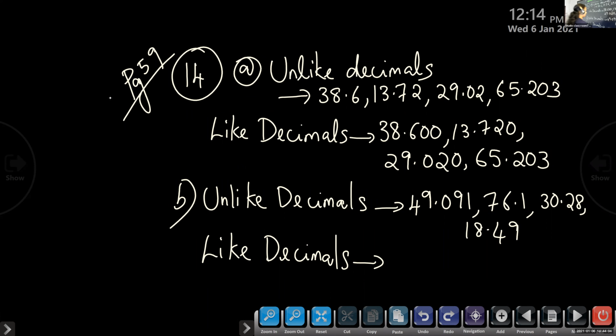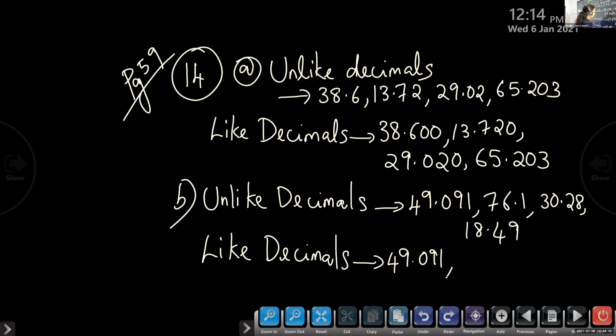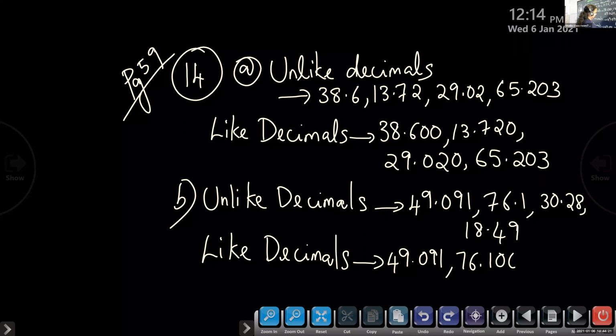Can you tell the answer? 49.091, first number also we had to write it. 76.100. You had to add 2 zeros. Then 30.280. Okay, very good.